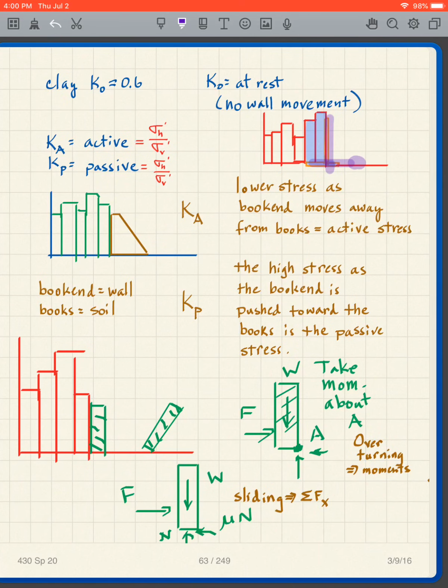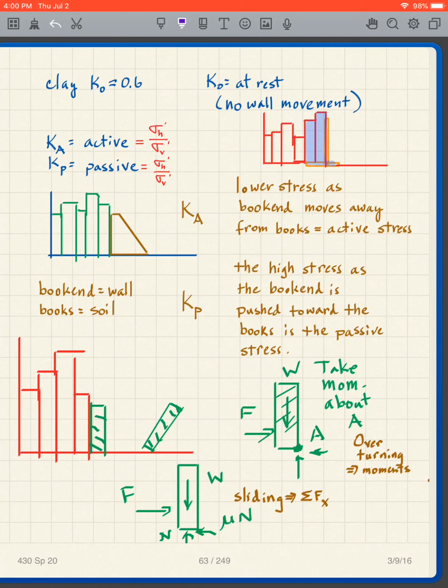Because to get overturning, you're going to pivot about this point. And what does that do? That increases our moment arm to prevent overturning. So the weight of these books helps prevent sliding, and this extension out here helps prevent overturning by extending our moment arm.